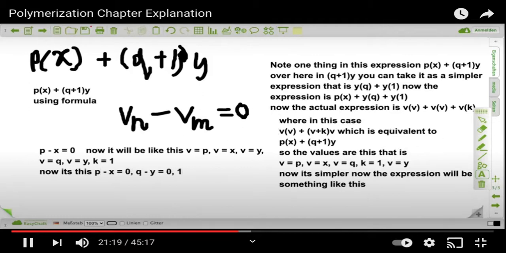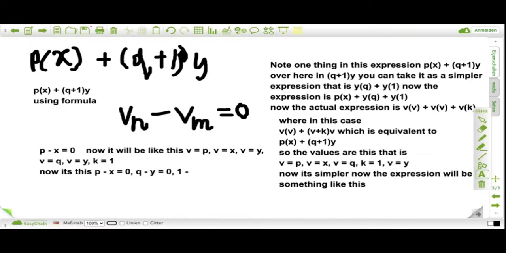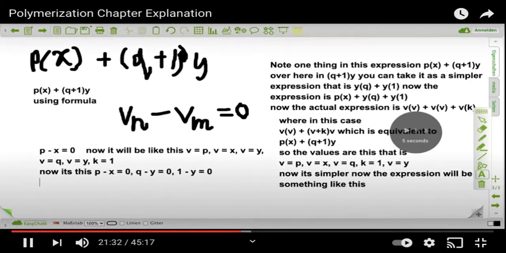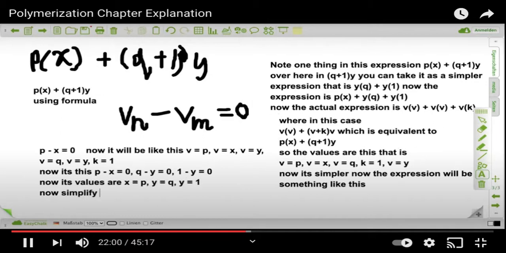Now we shall substitute all the values and we shall get the result. Remember one thing, if y is q and y is 1, then y is equal to q, then first y equal to 1, then q equal to 1. Now see.